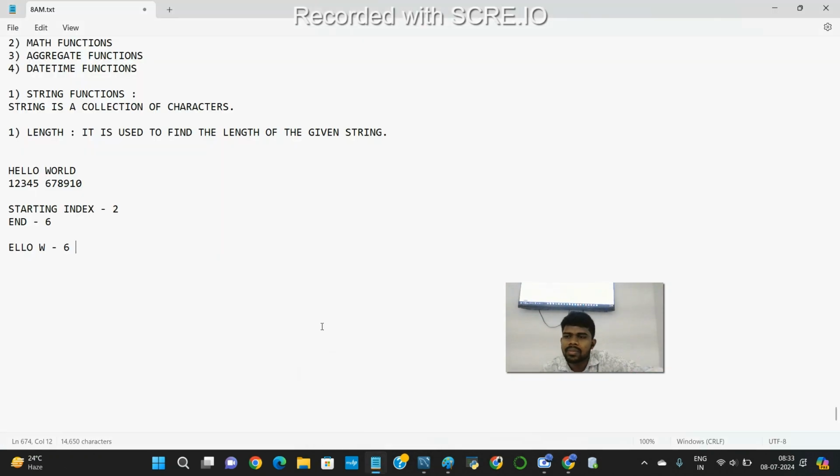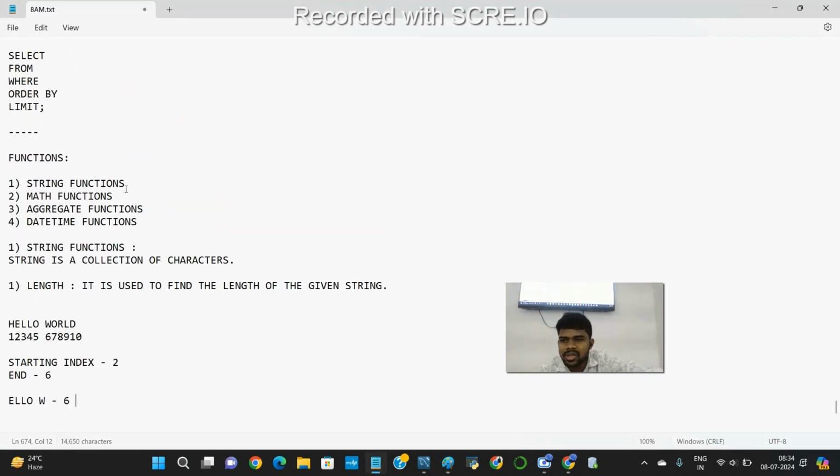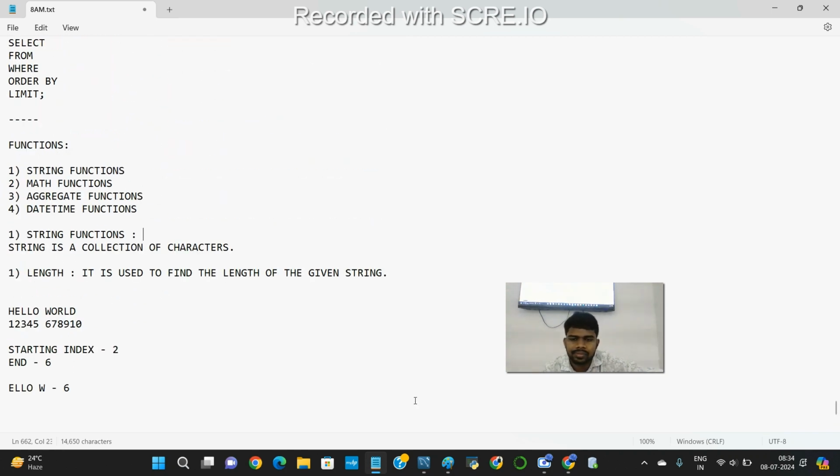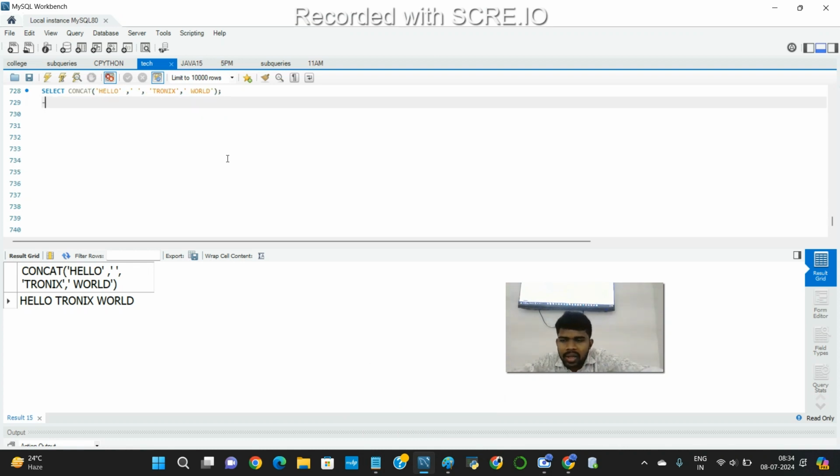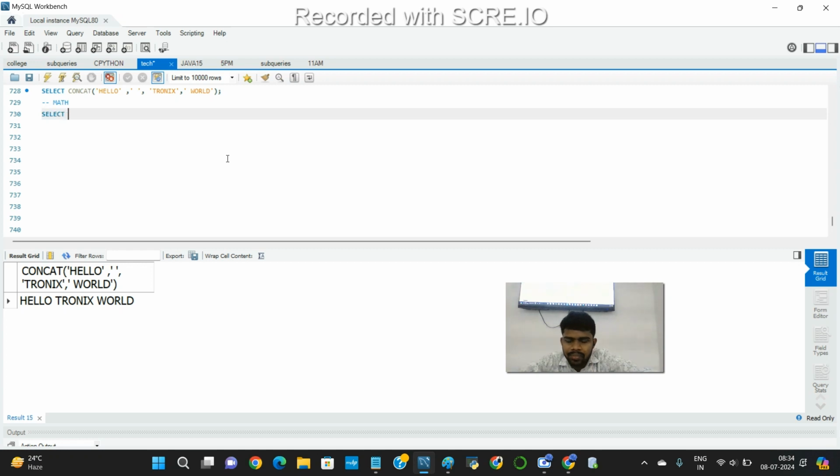In a similar way, let's discover the math functions. So what are the math functions? For example, select power. I want to find the power of two raised to the power three.